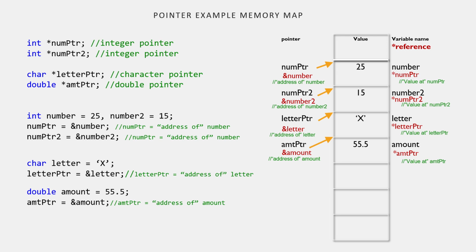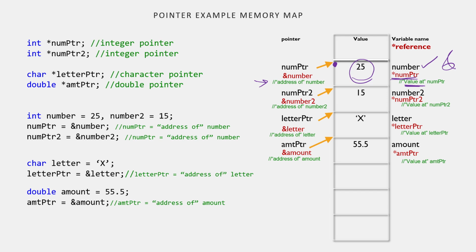All right, so we also have value at. You can take any variable and put an ampersand in front of it and get its address. That's address of. And you can take a pointer, as long as it's pointing to something, and put an asterisk in front of it and get to the value at. So if num pointer is pointing to this location in memory, in order to get to this value right here, you need to put an asterisk in front of it, and that gets you to the value at that.